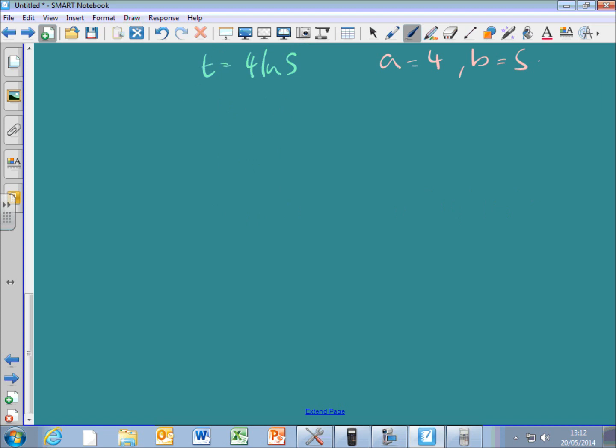Okay, for part II, we want to start differentiating this, so I'll write down the equation again, what we're trying to differentiate. Minus a quarter t. I'm just going to multiply this out so I can differentiate a little bit more easily, so this is 60 minus 60 e to the minus a quarter t.